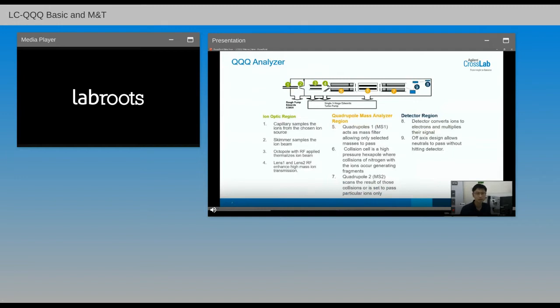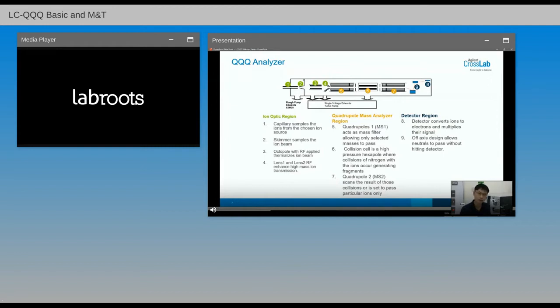On the QQQ analyzer, these are the various parts that we have seen on the linear design 6460. You have the ion optic region, whereby your capillary will sample the ions, and the skimmer samples the ion beam, and we have the octopole.